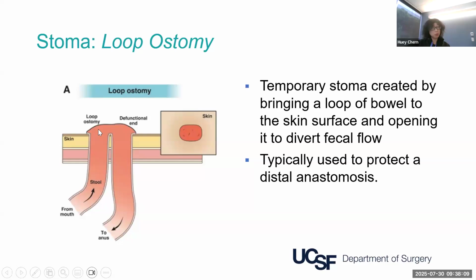I'm trying to think of a good example where it may be good to know that you have a loop colostomy. If someone had a loop sigmoid colostomy done because of obstructing rectal cancer, for example, without the cancer resected yet, and you want to evaluate the whole colon, it would be helpful to intubate three different areas: one going into the proximal side, one to the distal side, and also through the anus.